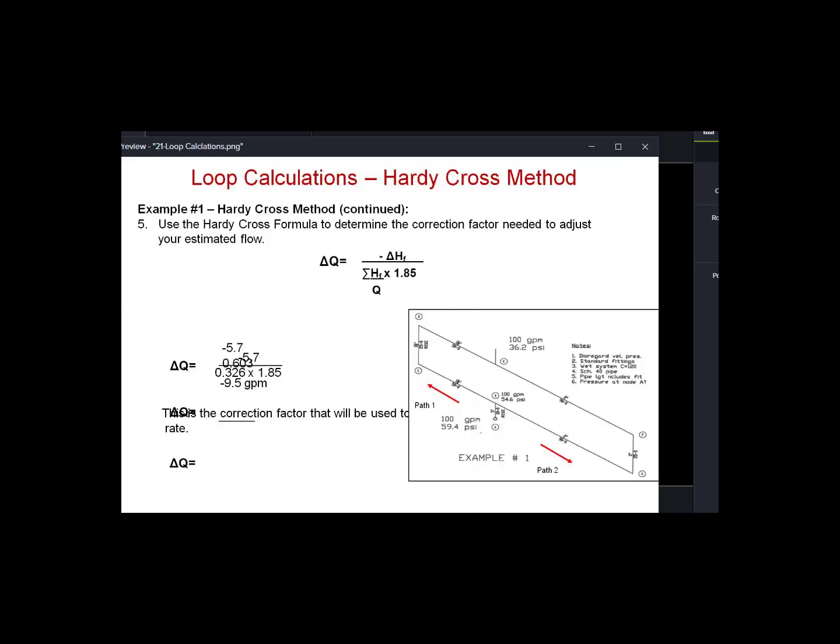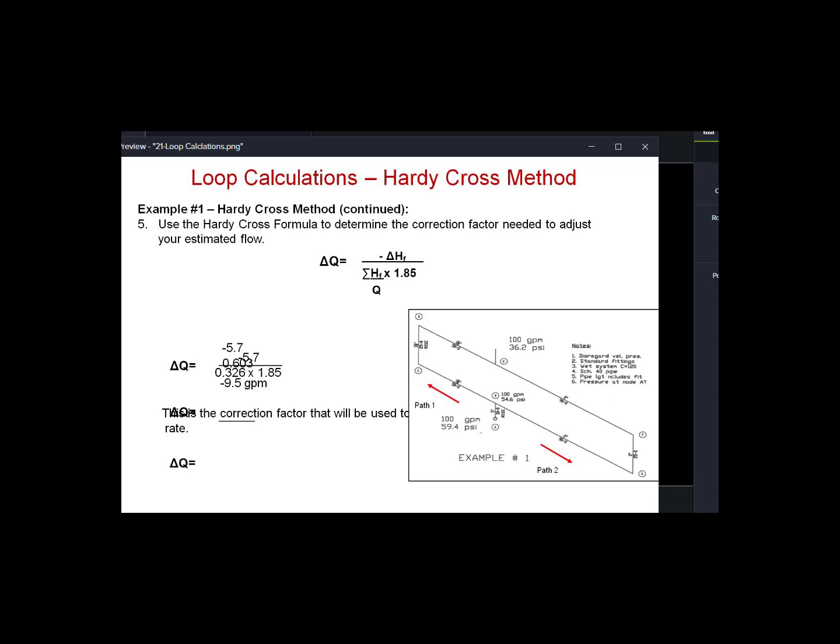Step 5, using the Hardy Cross formula to determine the correction factor needed to adjust your estimated flow. ΔQ is equal to minus ΣH_F divided by ΣH_F/Q times 1.85.